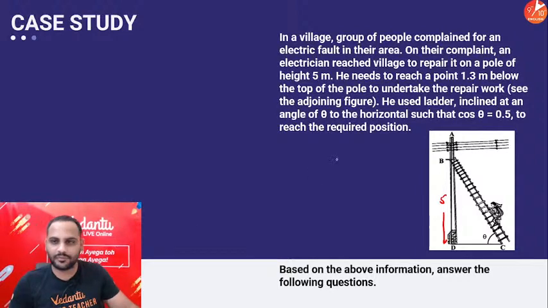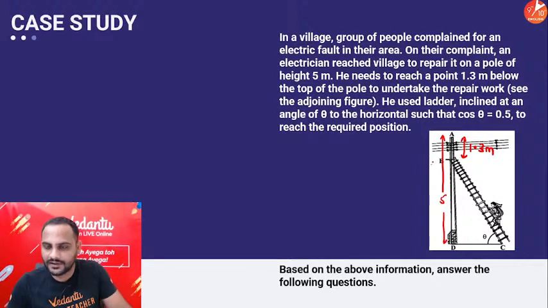Total height of the pole is 5 meters. So this is the complete 5 meters. They are saying a point which is 1.3 meters below. So I can say, sir, this distance BD will be 5 minus 1.3, which is 3.7 meters. Right? This is going to be 3.7 meters.